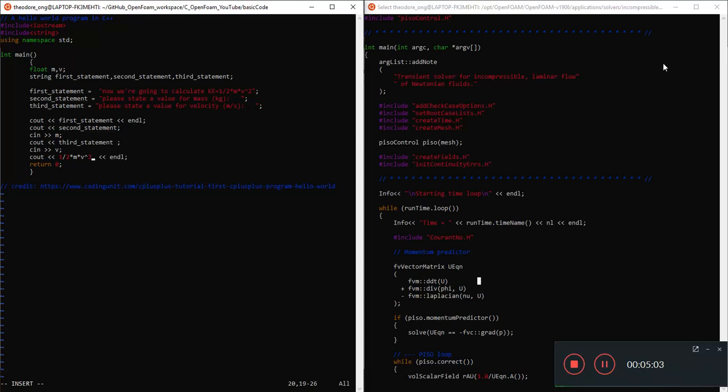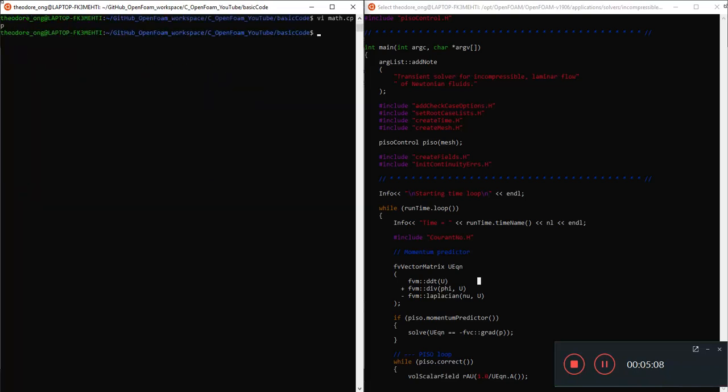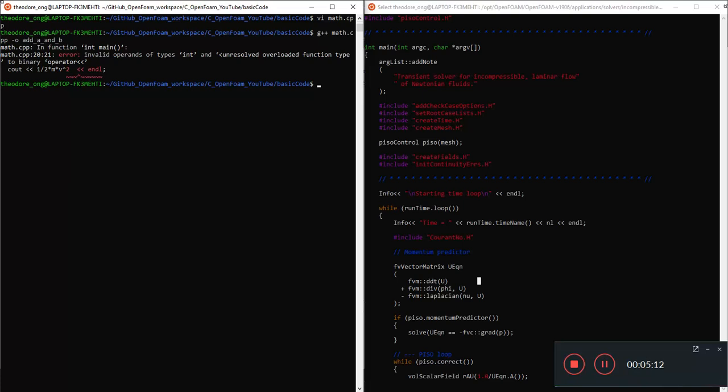This is how we would normally write it in MATLAB, right? So let's try that in C++ and see what happens. We compile it, and it gives us an error. It says invalid operator of integer and some unresolved thing.